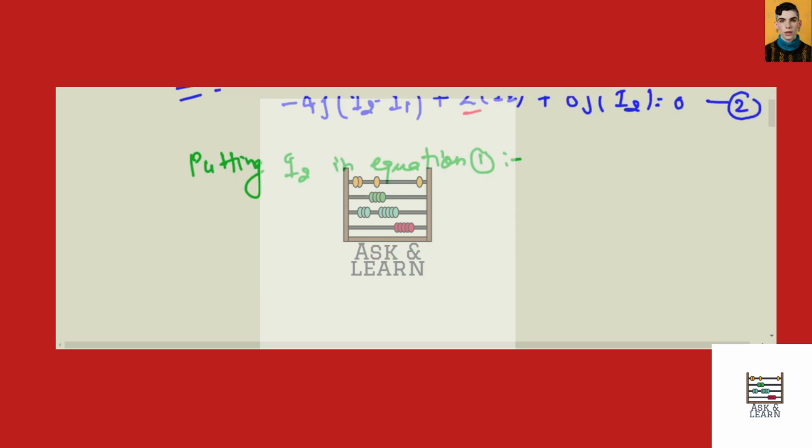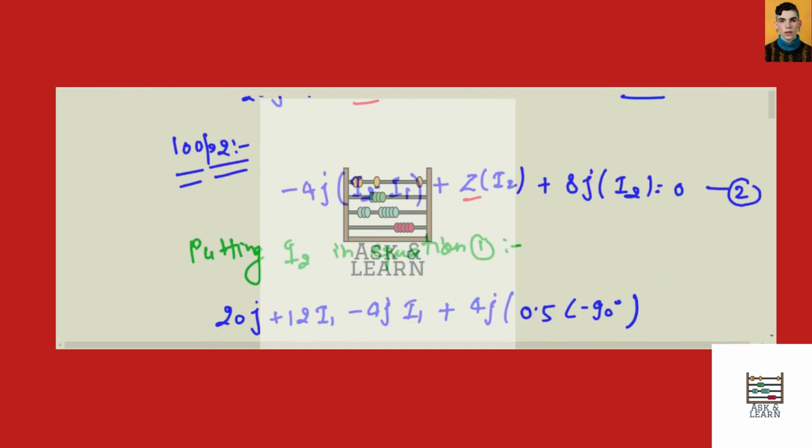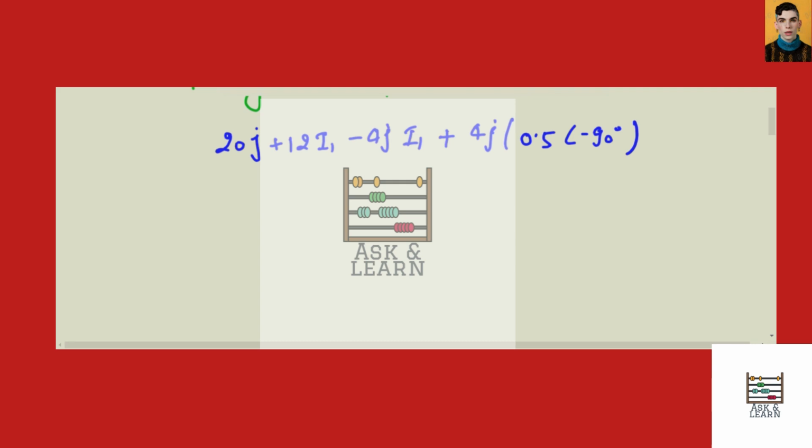Now if I put the value of I2, I will get equation number 1 as 20j plus 12 I1 minus 4j I1 plus 4j into the value of I2, that is 0.5 angle minus 90 degrees, which will be equal to 0.